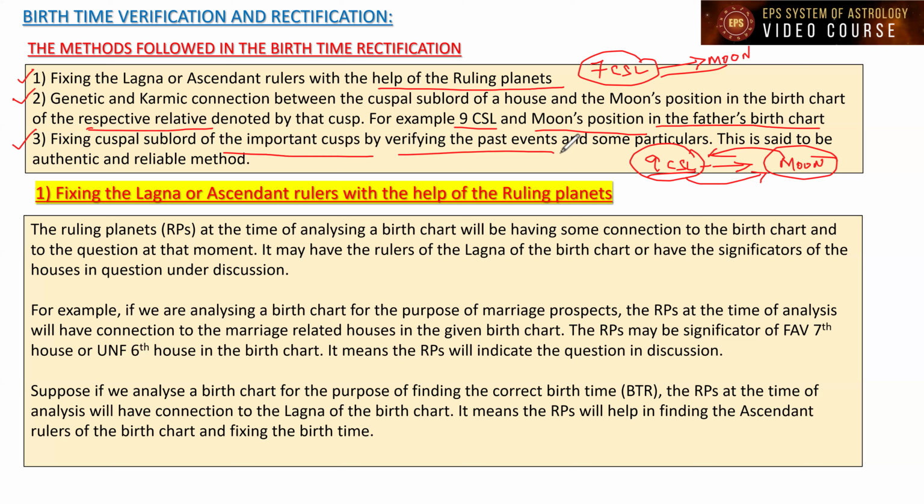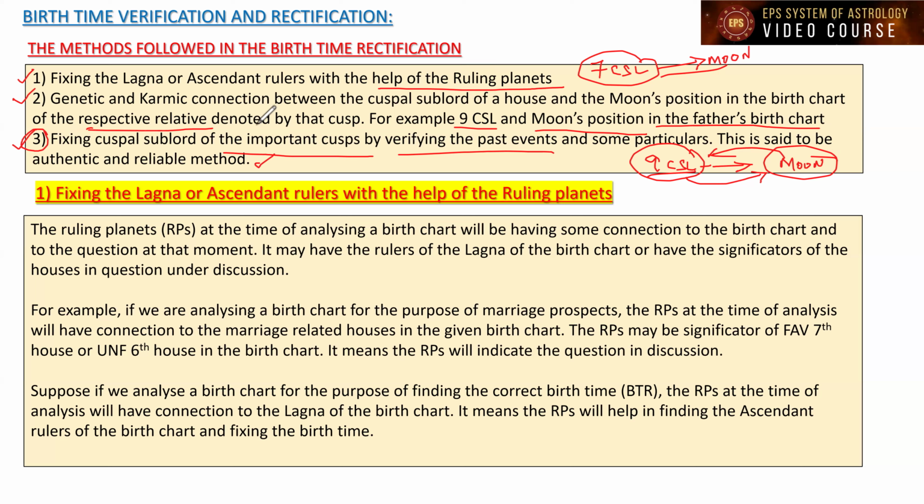So that is the third one, fixing the cuspal sublord of the important cusps by verifying past events and some particulars. This is said to be the authentic and reliable method. Which one? The third one.